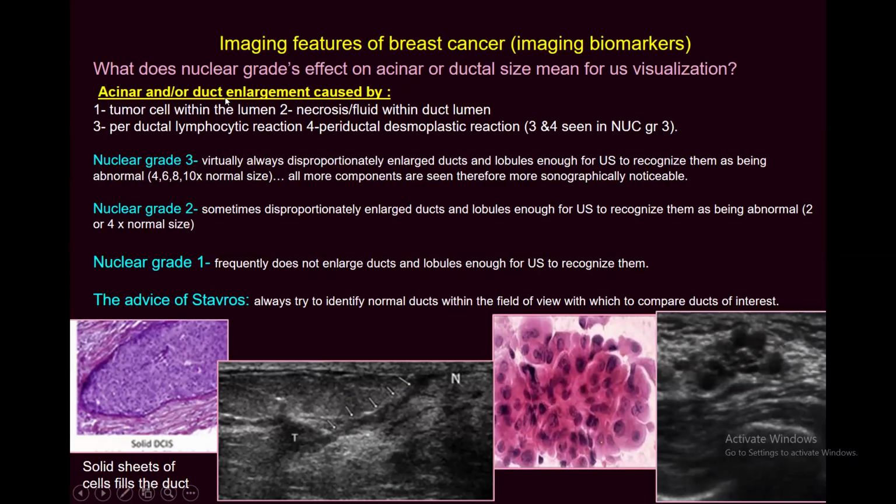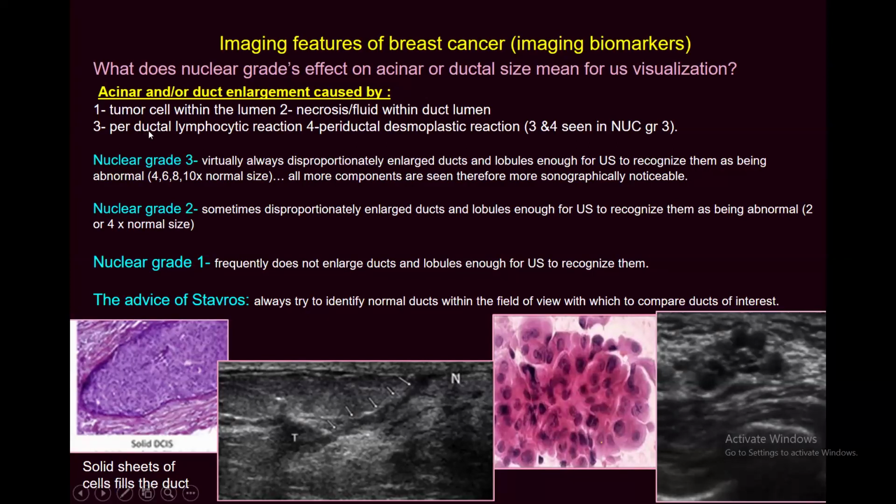The duct or the acini will be distended with tumor cells within the lumen, with necrosis and fluid within the lumen, periductal lymphocytic reaction, and periductal desmoplastic reactions. Yes. Regarding the low grade, usually we find 1 and 2. Yes, low and intermediate grade.